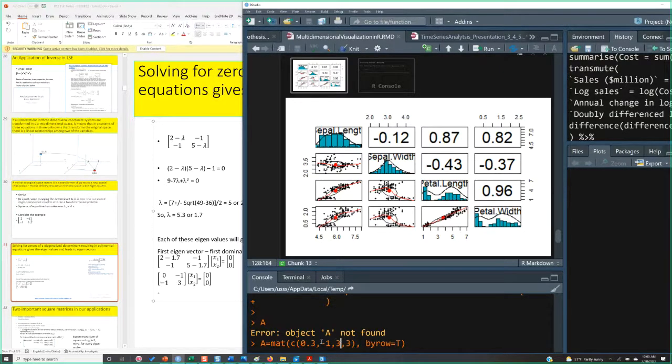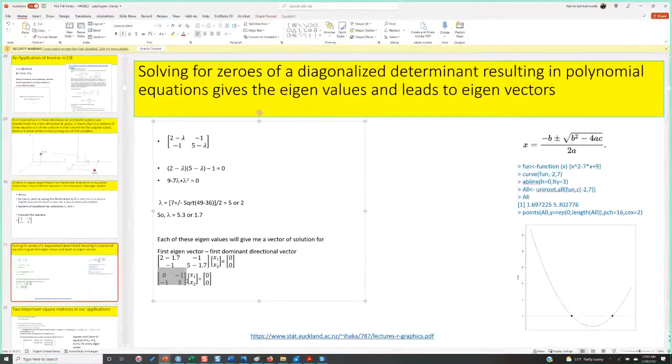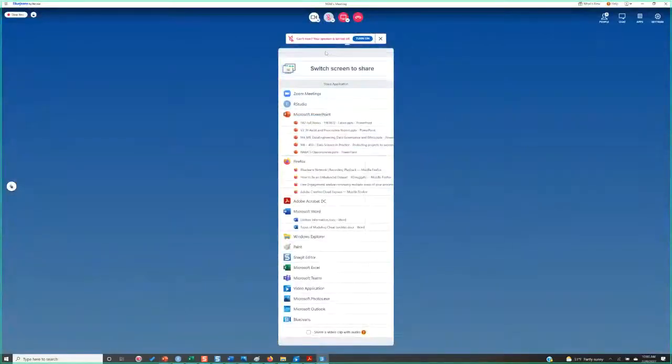No, I think I completely missed out. So initially I was saying the original matrix is 2, minus 1, minus 1, 5 before we transformed it, right? I can go as per the original matrix for eigenvectors, or I can say solutions for this. Oh, okay, got you. Same thing, okay?